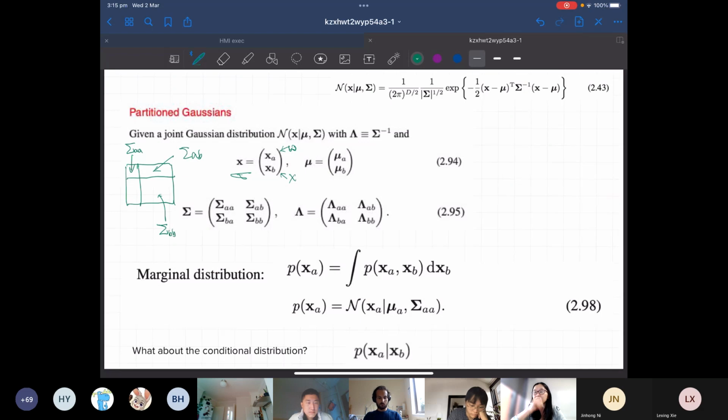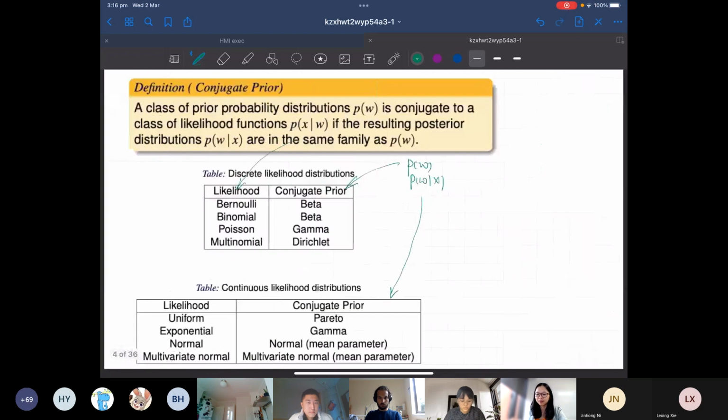Okay, around conjugate prior, let me go back and summarize the gist over there, and then come back. I started this slide by saying we care about the prior distribution of parameters W, and we also care about the posterior distribution of W rather than the single point estimate or maximum likelihood estimate.